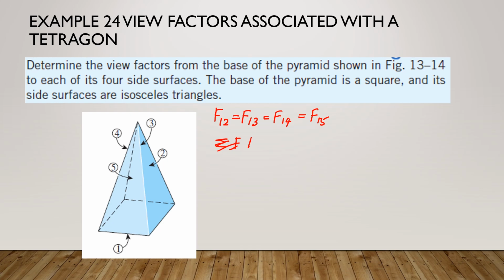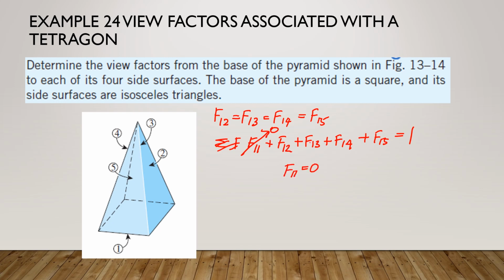The summation rule says that F1 to 1 plus F1 to 2 plus F1 to 3 plus F1 to 4 plus F1 to 5 equals 1. We know that plate 1 is a flat plate, a plane surface, so F1 to 1 is 0. So F11 equals 0.